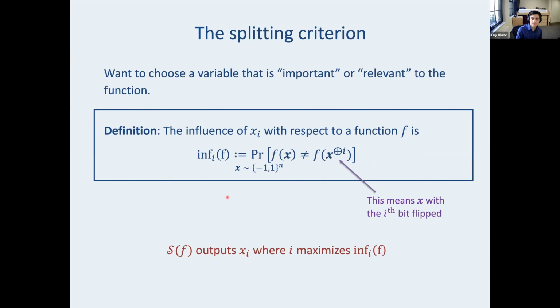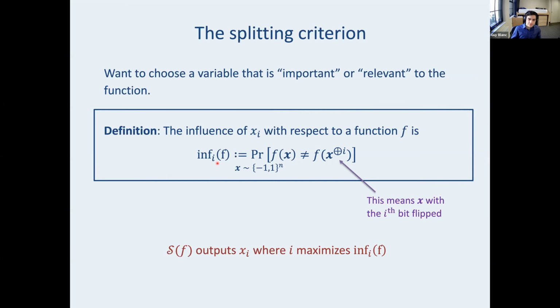Okay, what is the splitting criterion? Well, if you remember, the intuition from before is we want to choose a variable that is important or relevant to the function. So we use the influence of a variable, which was designed for exactly measuring these sorts of notions.